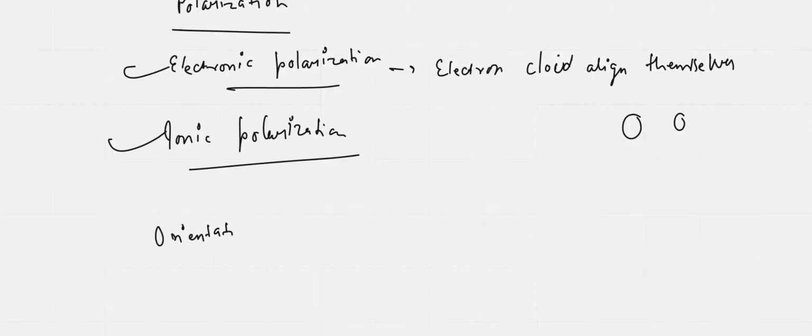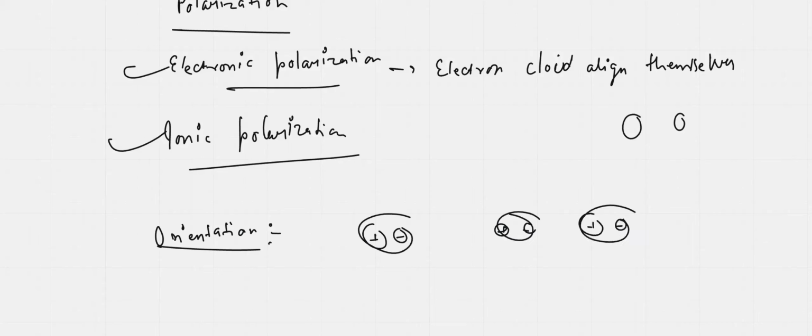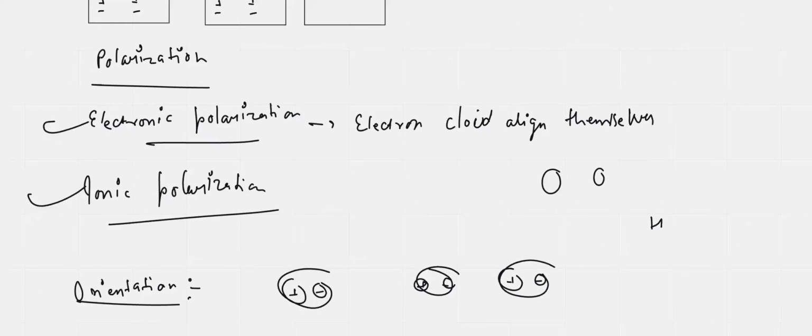Orientation. Orientation is basically in a dielectric, right? In the dielectric you have positive charges and negative charges as pairs. Can you take an example of a dipole? If you see a water molecule, what is the water molecule? Hydrogen, oxygen, hydrogen, two lone pairs.